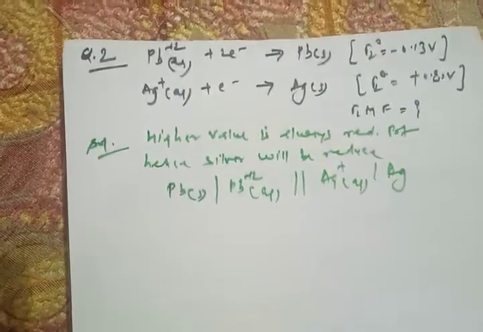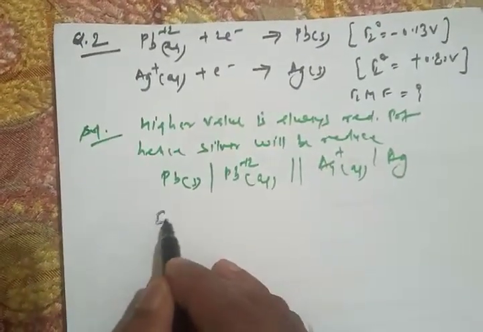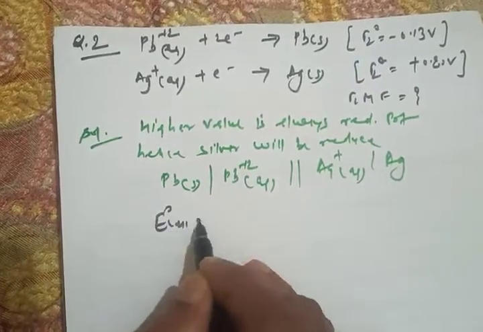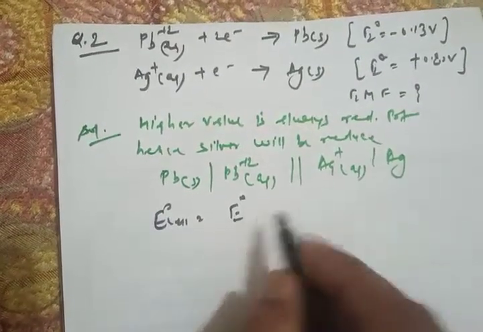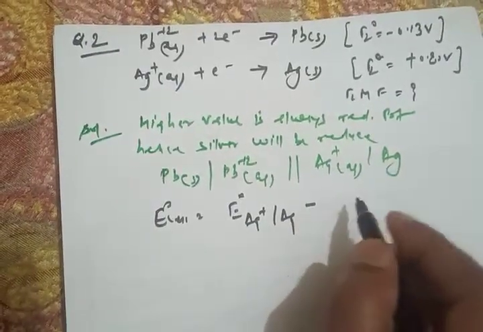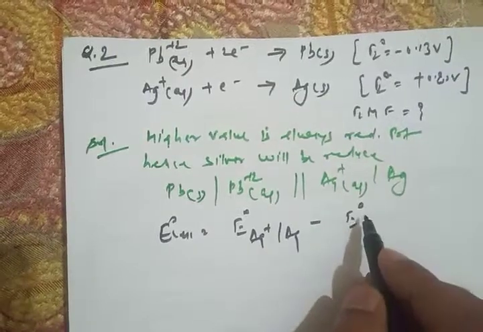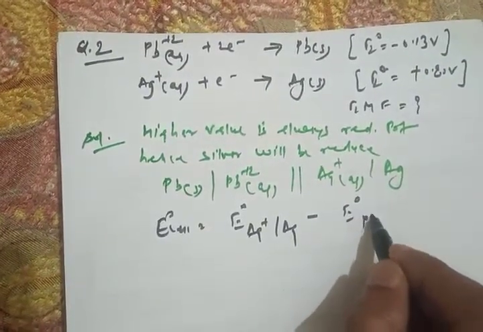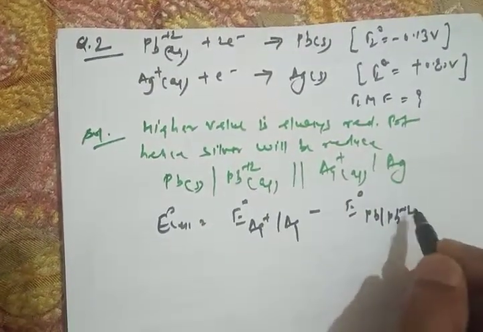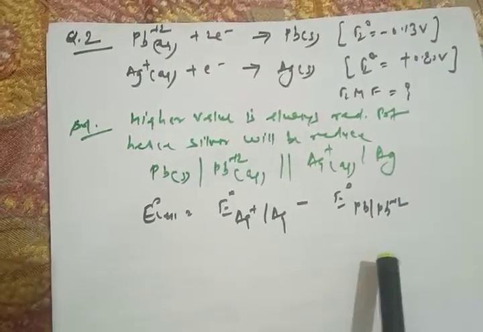So now we will calculate the EMF. E naught cell: right hand side is Ag plus to Ag, and the left hand side is the oxidation, that means Pb to Pb plus 2. But one point you should remember, that here you always take the value of reduction potential.